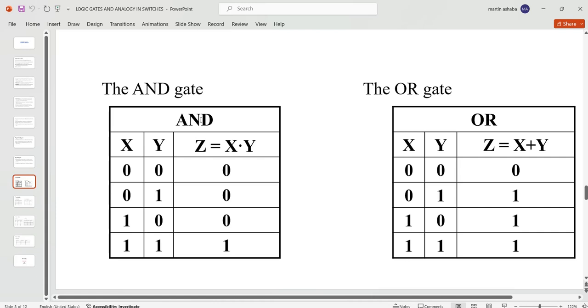Basically, the operation of this AND gate is like a normal mathematical multiplier. In other words, it's analogous to the multiplication circuit where you have one value multiplied by the other.